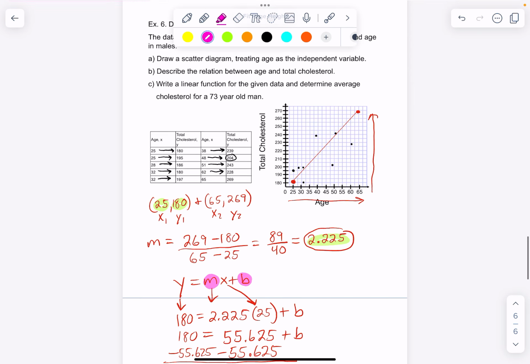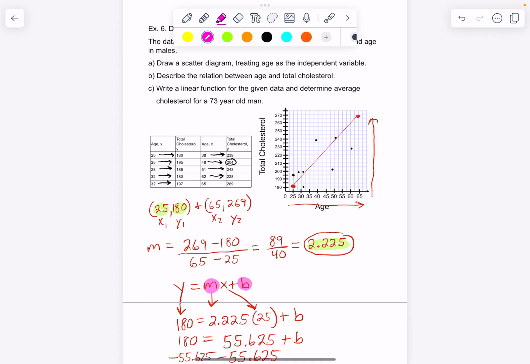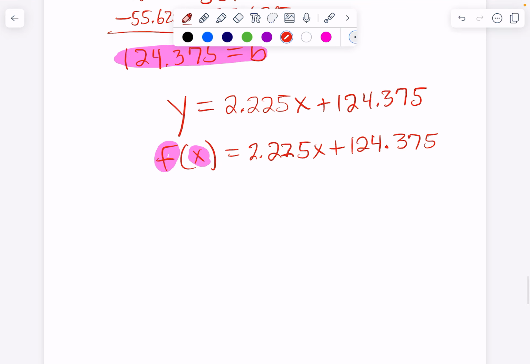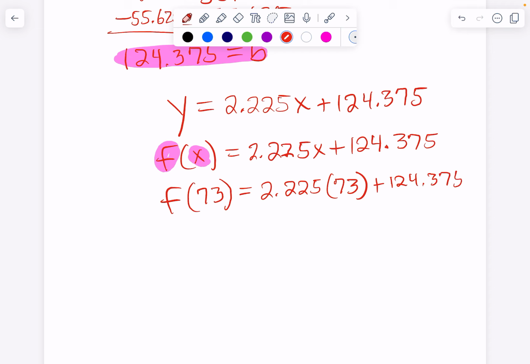All right, so now the last part of this, now that we have the linear function, let's determine the average cholesterol for a 73-year-old man. Well, according to our model, f of 73, the total cholesterol of a 73-year-old man would be 2.225 times 73, which is x, the age, plus 124.375. And let's use our trusty calculator. We got 2.225 times 73.